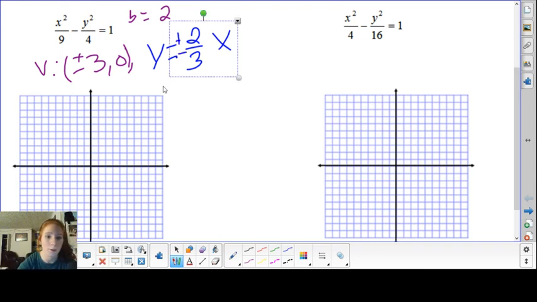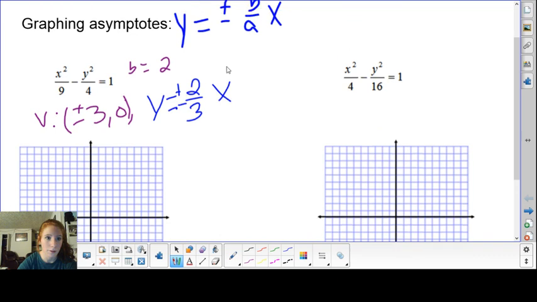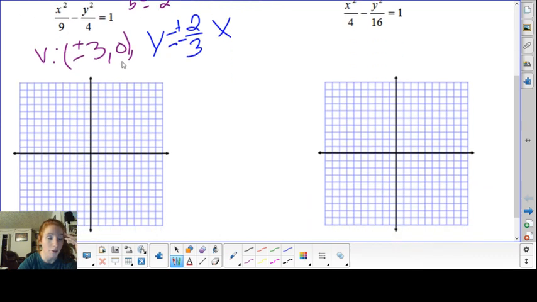So what we're going to do is start by graphing our asymptote. We are, in this case, centered at 0, 0. I don't have x plus or y minus or any of that good stuff. So from that 0, 0 point, I'm going to create an asymptote that is dotted. So I'm going to go up 2, right 3. 1, 2, 3. Then we're going to go down 2 to the left 3.